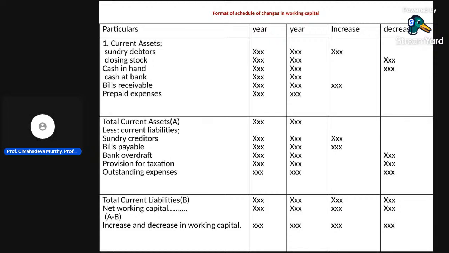We can find out whether there is an increase or decrease in working capital.